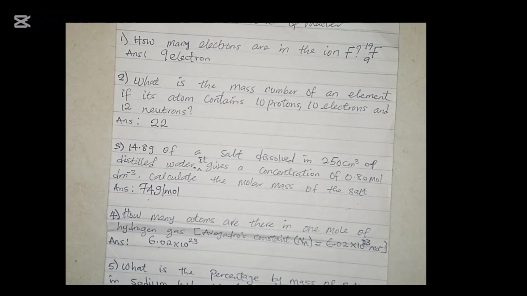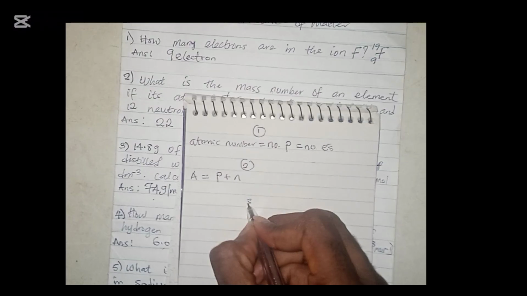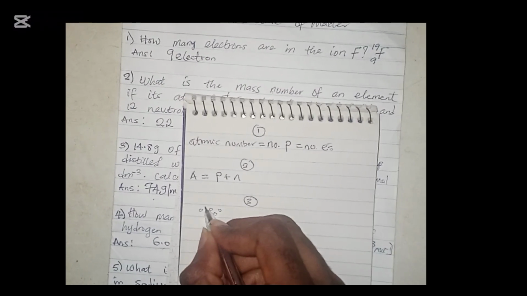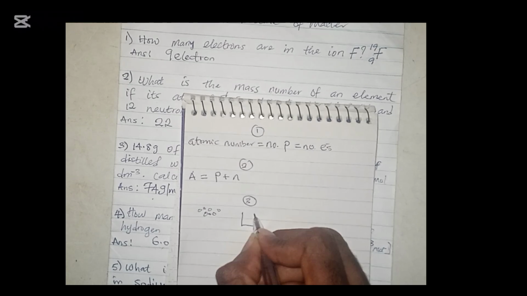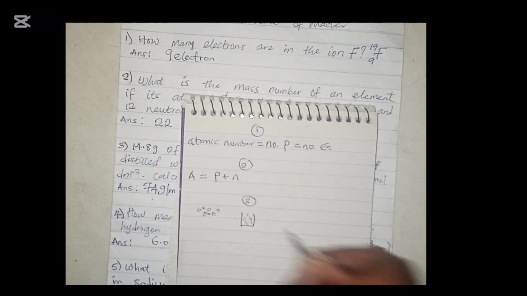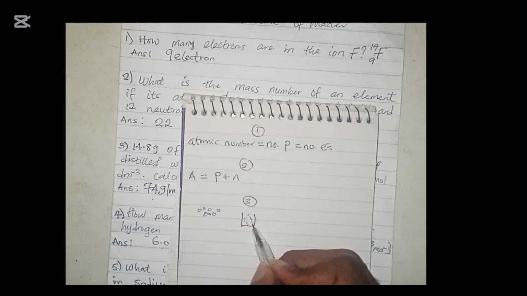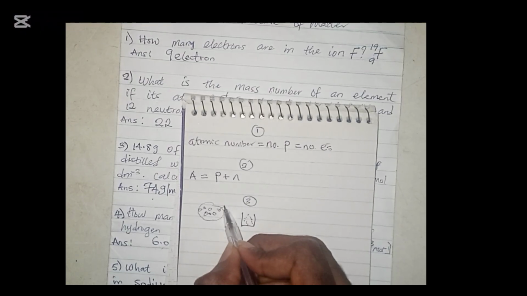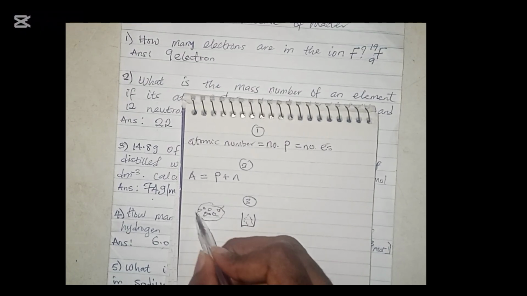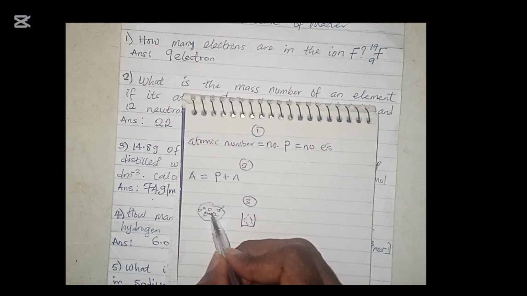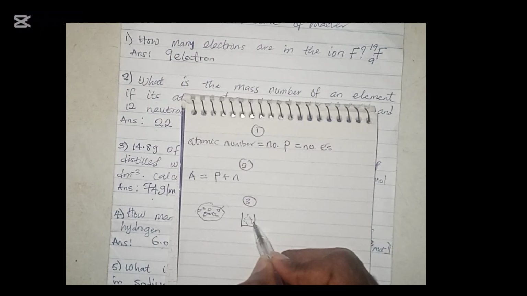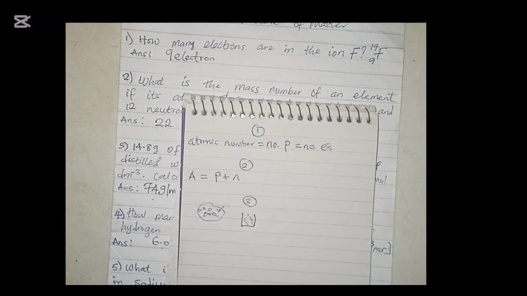As the salt is dissolved in water, let me be making diagrams of this. Let's assume this is our salt. When we add this salt inside this water, when the number of particles or moles of this salt is greater than that of the water, we say that this solution is concentrated.